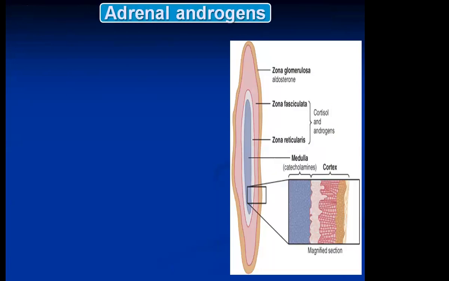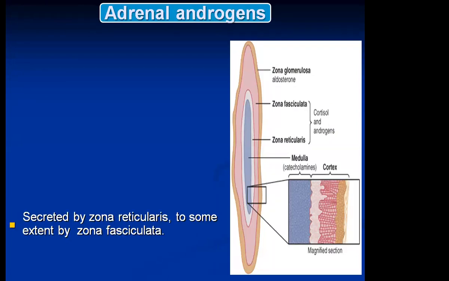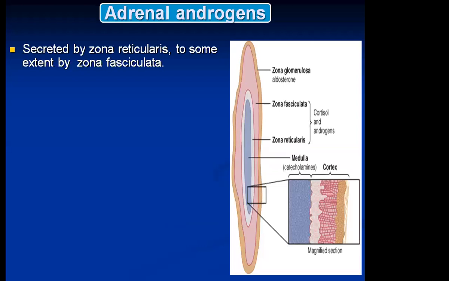Now today we will come to the actual topic. As we know, these adrenal androgens are secreted by the zona reticularis mainly and to a small extent even by the zona fasciculata.